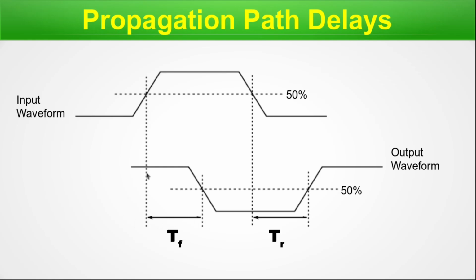You can see here is the first cut and the second cut is dropped on the x-axis. We can measure it because, due to the circuit operation, this waveform has just flipped vertically, and we are considering the 50% of this point and 50% of this point and dropping them on the time axis so that we can measure the time shift. So this is called the fall time delay.